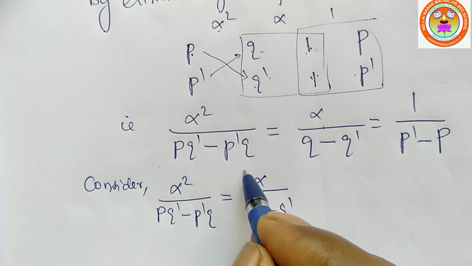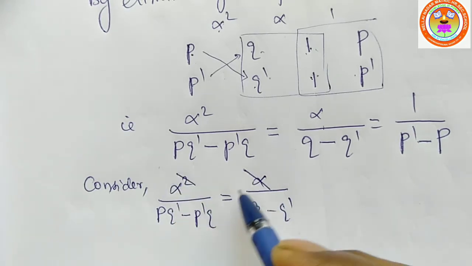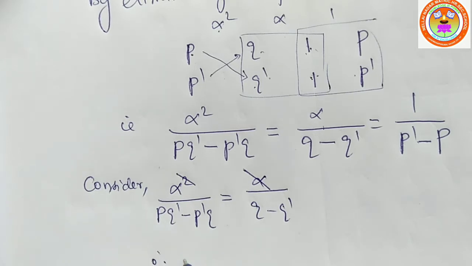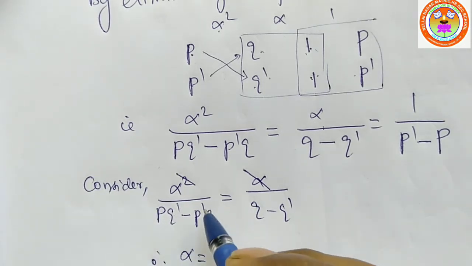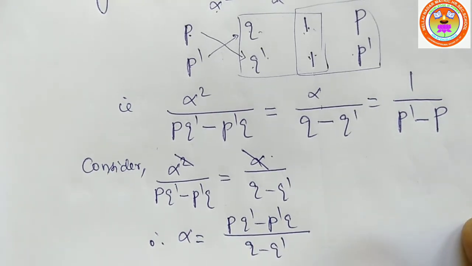If we strike out one alpha and alpha, then cross multiply this term, we will get alpha equal to, it is moving to the numerator, pq dash minus p dash q divided by q minus q dash, right?